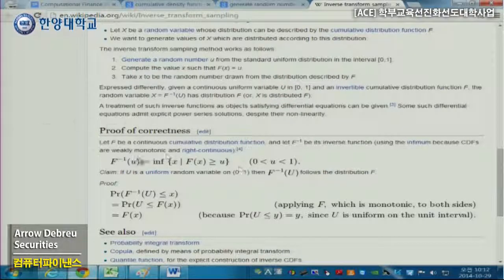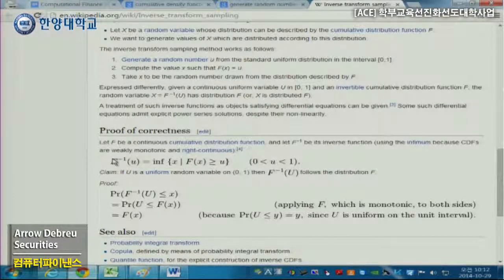So this is a very general result. F is a general function, so we can generate random numbers from any cumulative density function F this way. This is actually an exact way of generating random numbers. The problem is that it is sometimes inconvenient, because we have to calculate F inverse.